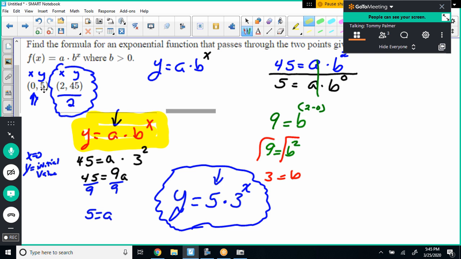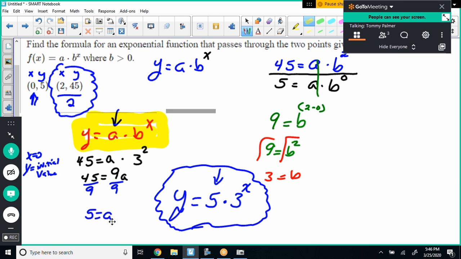It didn't matter which point I grabbed, but I grabbed the second one as a teaching example. y was 45 equals a times 3 squared, right? Because x was 2. So that gave me 9a equals 45. Divide both sides by 9, and a equals 5, right?